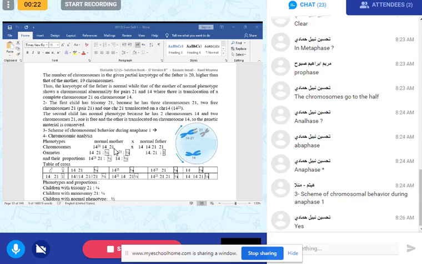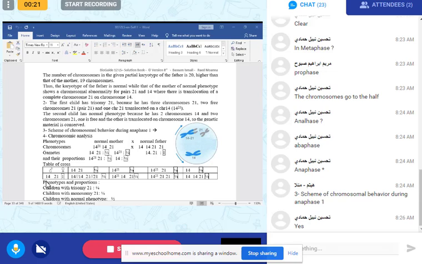So what gametes will the father give? 14, 21, only 100%, meaning 1 out of 1. While the mother will give 14, 21 alone. 14, 21 with the 21, 14 alone, now there is empty here, and 14, 21, 4 types, each one is 1 over 4.